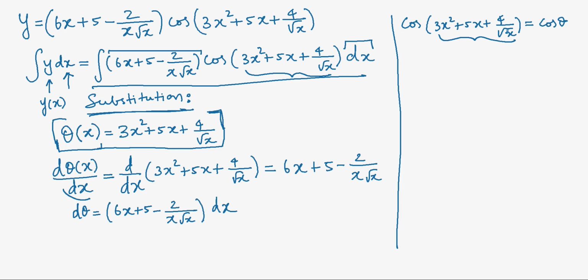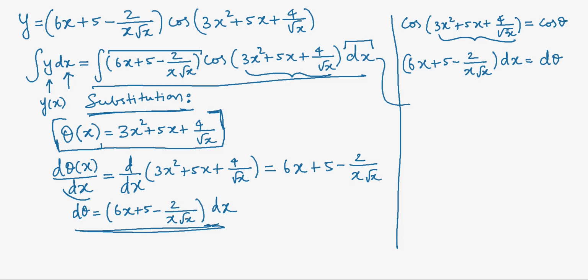Also, we know that the remaining part in the integration, apart from the cosine theta, is the 6x plus 5 minus 2 by x root x whole thing multiplied with dx. This is our d theta. Do you see that? That is what we have derived also. Yes, uncle. Okay, so this whole integration will now look like, if you replace the two things, an integration of cosine theta d theta.